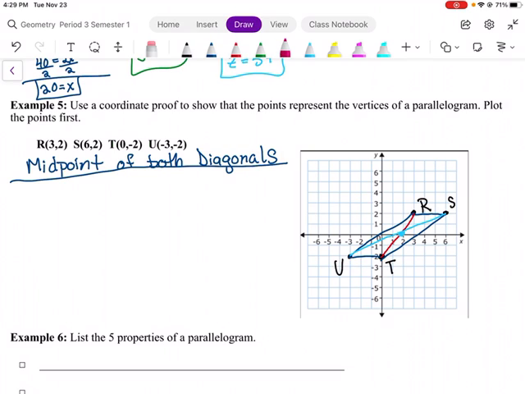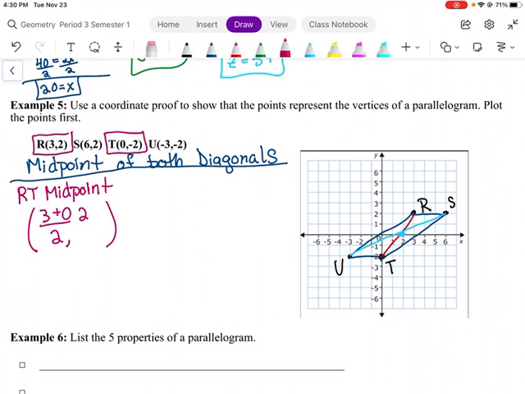All right. So the first one, I'm going to find the midpoint of RT. And remember when you're finding the midpoint, you add the x values from the coordinate point together and divide by 2. So we're going to have 3 plus 0 over 2. And then we add the y values together.